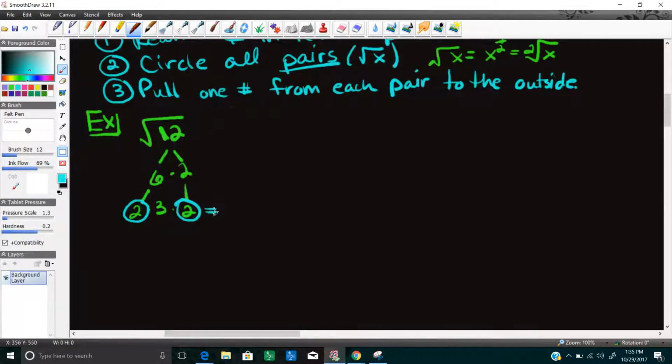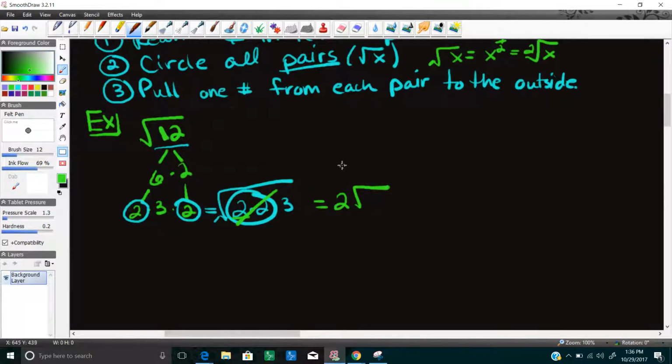Let me rewrite this just so you can see. This is 2 times 2 times 3. I'm just changing the order here, which is the same as 12, because if I multiply 2 times 2 times 3, I get 12. My steps say I'm going to circle all the pairs, so I circle these 2's. Then it says pull one number from each pair, so I pull out one of these 2's to the front, and that gets rid of both of them.